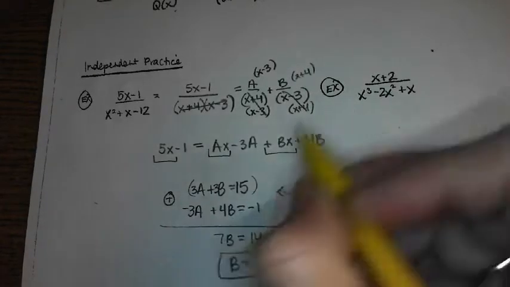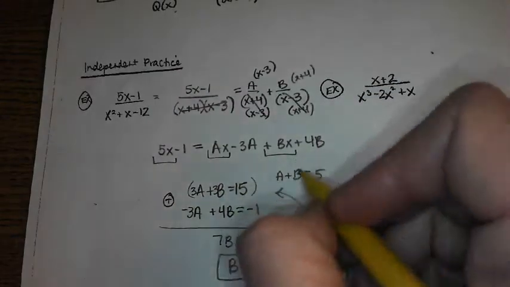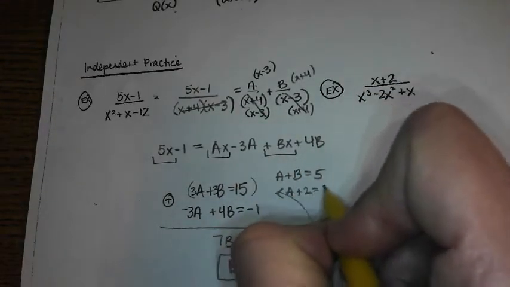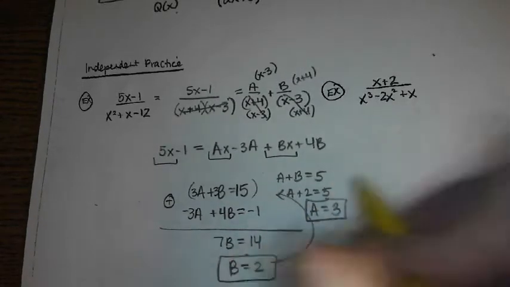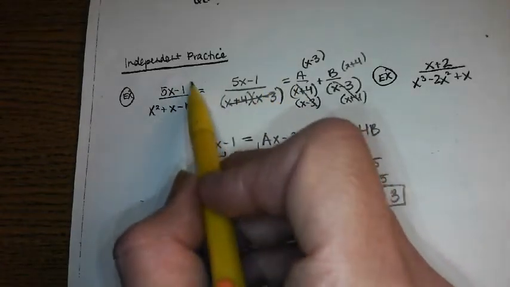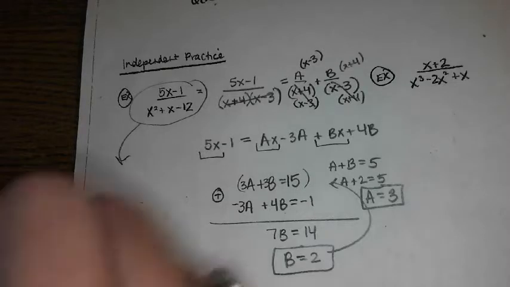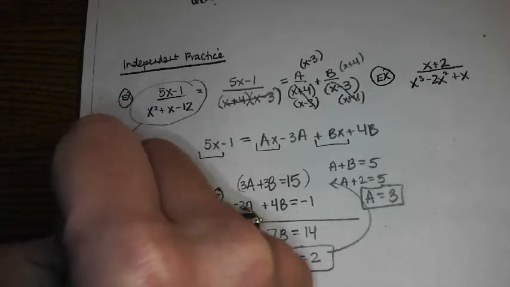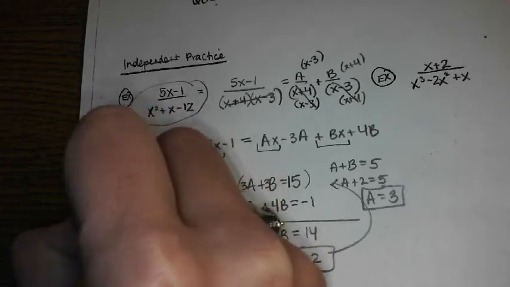If I had kept it, a plus b equals 5, which is what it was, I can do a plus 2 equals 5, so a equals 3. So your partial fraction decomposition of that original fraction is 3 over x plus 4 plus 2 over x minus 3.